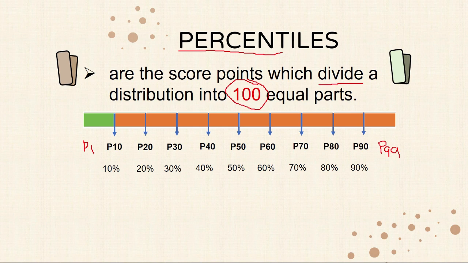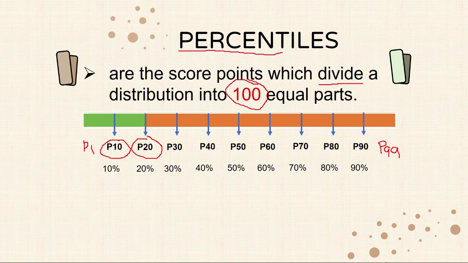And the P2 separates the lowest 2% from the other 98%. So here in the example of P20, the 20th percentile means 20% of the data have values less than or equal to P20. Same here in the P10. P10 or the 10th percentile means 10% of the data have values less than or equal to the 10th percentile.